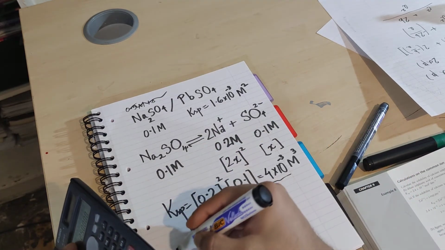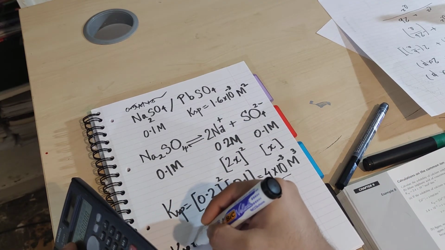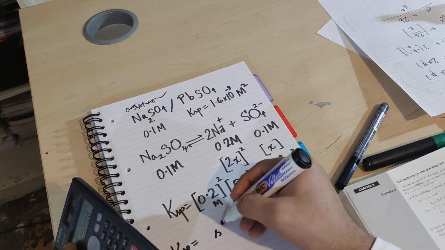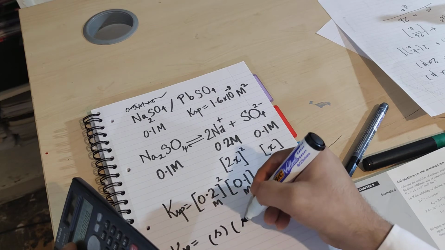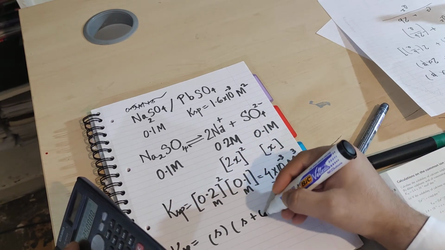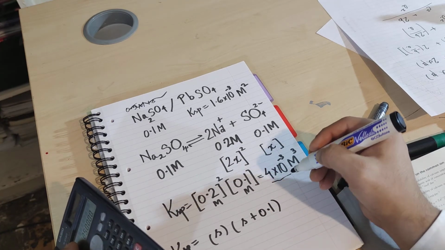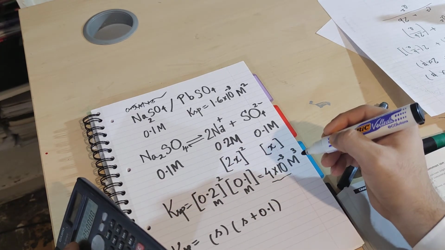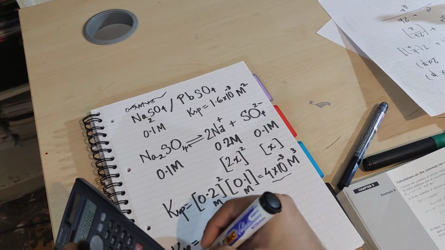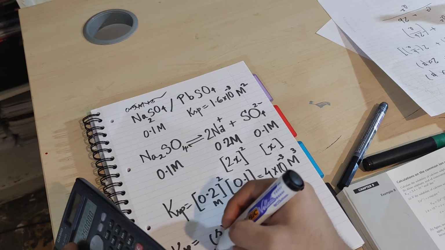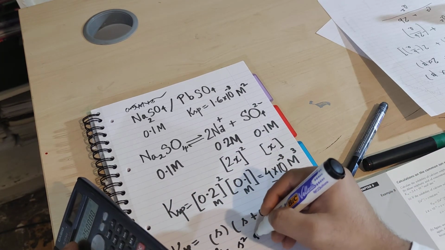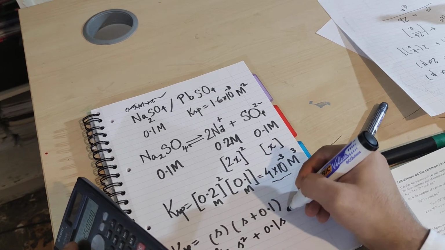So the equation for lead sulfate would be S and S plus 0.1, and the solubility product would then be 1.6 times 10 to the power minus 8 molarity squared equals S squared plus 0.1 S, and there we go.